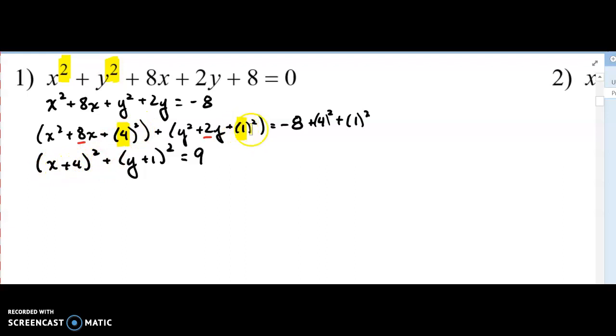This one, it doesn't make a difference because it's 1, but the 1 just comes down and becomes y plus 1. And then we have our final answer. And soon we'll be learning that this is going to be a circle. Okay, and you'll notice this one equals 9. For the next few examples, we're going to transform this so that it equals 1 instead.